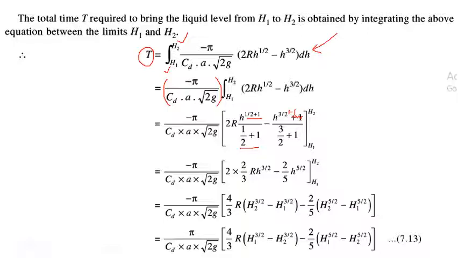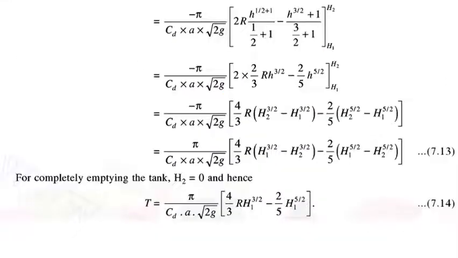So finally this comes to, after getting simplified, pi by CD into A into square root of 2g, that is all the constants, and inside you have 4 by 3 into R into (h1 raised to 3 by 2 minus h2 raised to 3 by 2) minus 2 by 5 into (h1 raised to 5 by 2 minus h2 raised to 5 by 2).